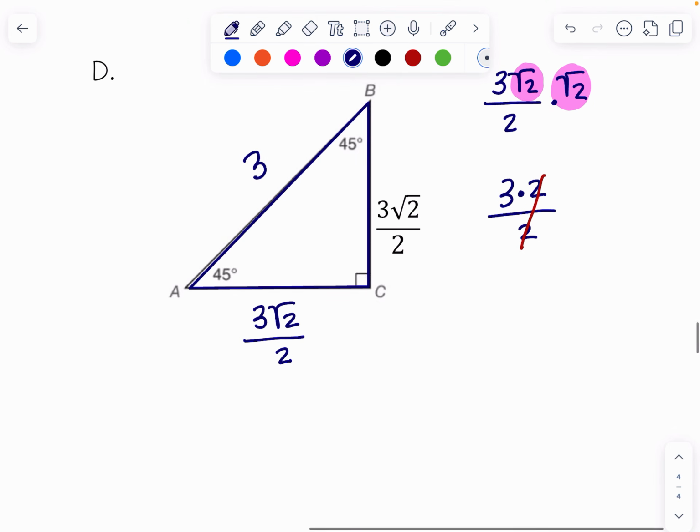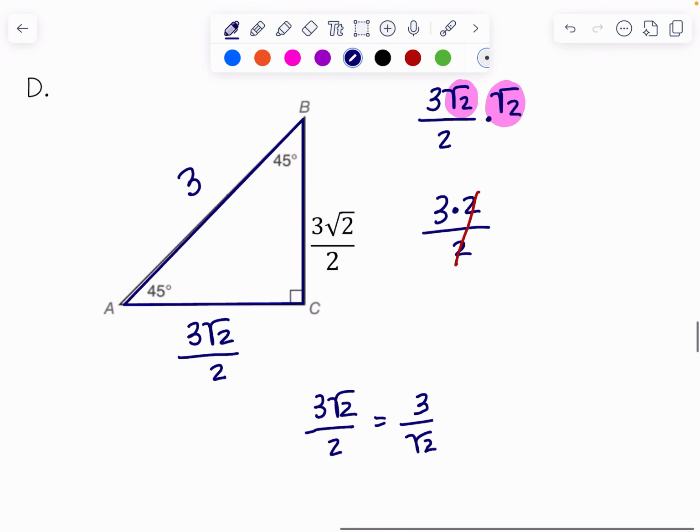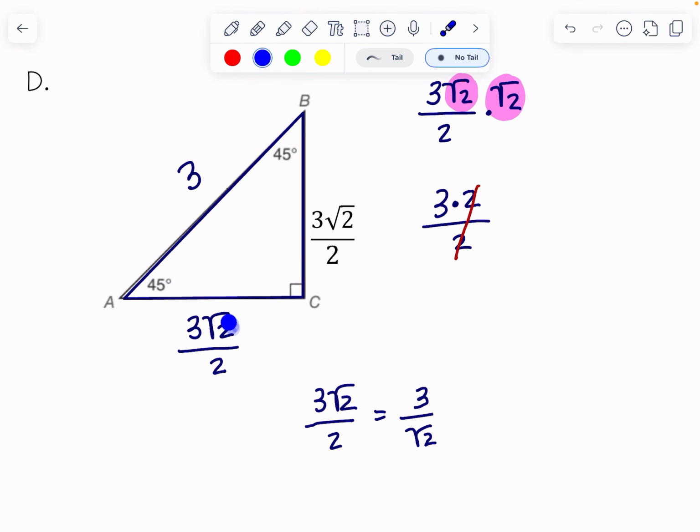Therefore, I could actually say that 3 square root of 2 over 2 is equal to 3 over the square root of 2. So really just unrationalizing this. So by unrationalizing my leg, I can still find my hypotenuse by quickly multiplying it by the square root of 2. And in this case, the square root of 2's cancel, leaving me with just 3 again. So this was one method. This was another method. They got me to the same answer of 3.